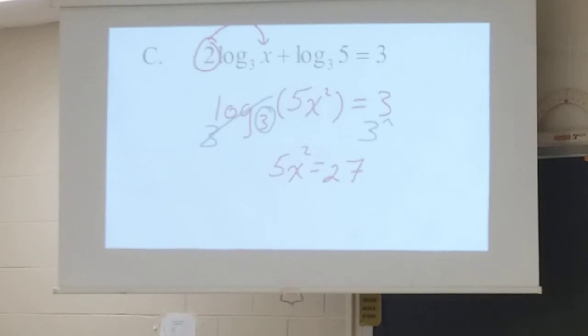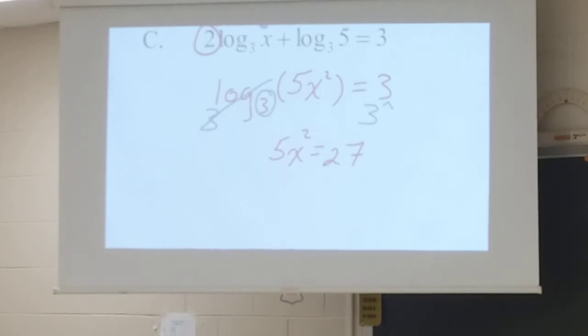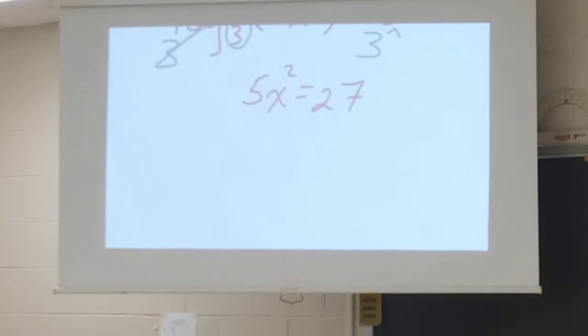Okay, it's a special kind of equation, so it requires special technique. You condense, and then you base. And then on your calculator, you're just dividing by 5 and taking the square root of both sides.